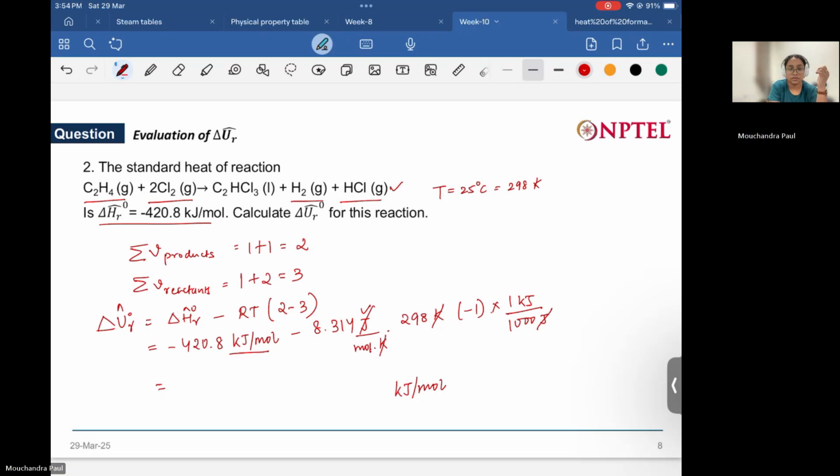When you calculate this, you should get minus 418.32 kilojoule per mole. So this was easy.